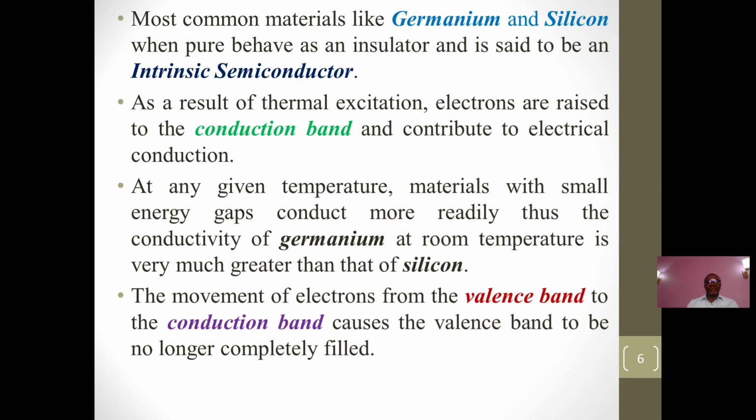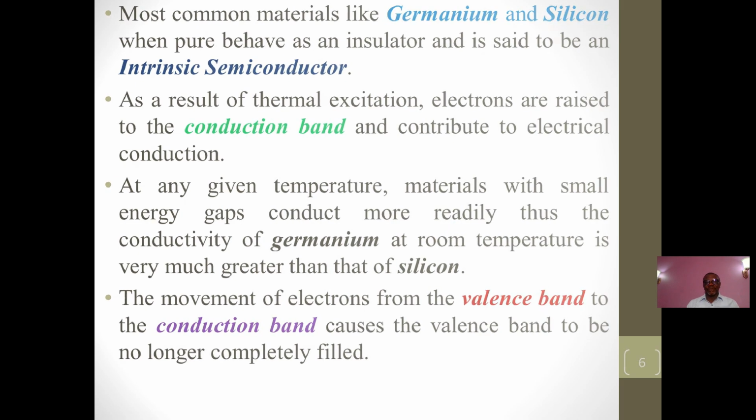Thus, the conductivity of germanium at room temperature is very much greater than that of silicon. The movement of electrons from the valency band to the conduction band causes the valency band to be no longer completely filled.